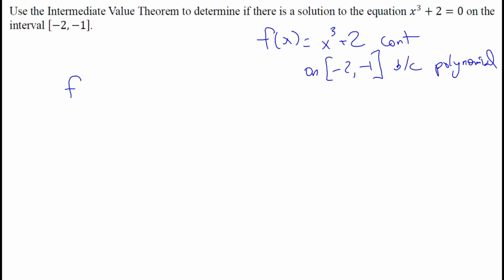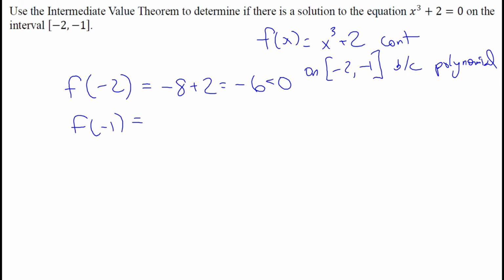So then we'll just say f of -2, we'll find f of -2. So f of -2 is -2 cubed, which is -8 plus the 2 is -6, noting that that's negative. And we'll look for f of -1, which is -1 cubed, which is -1 plus 2, which is +1, which we'll note is greater than 0.